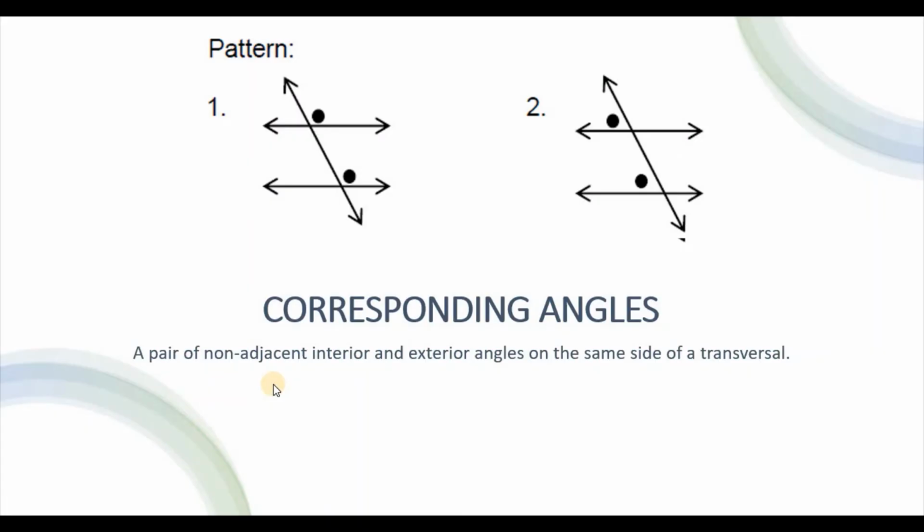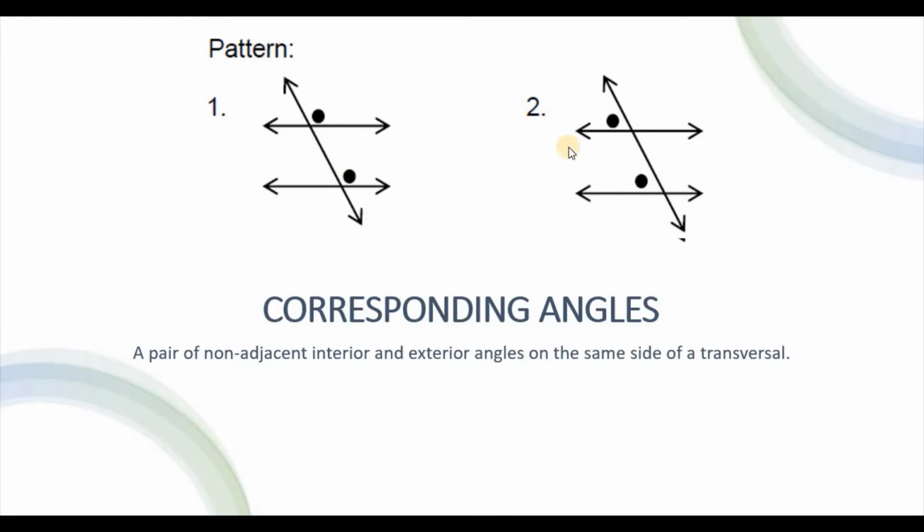We say non-adjacent because they don't share a common ray or a common side. The other angle is in the interior and the other one is on the exterior. Okay, and on the same side of a transversal, they are congruent.